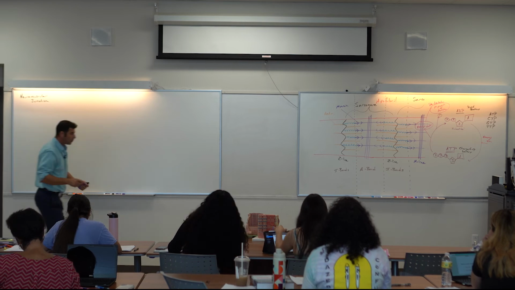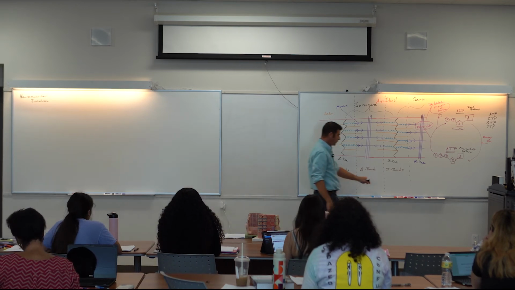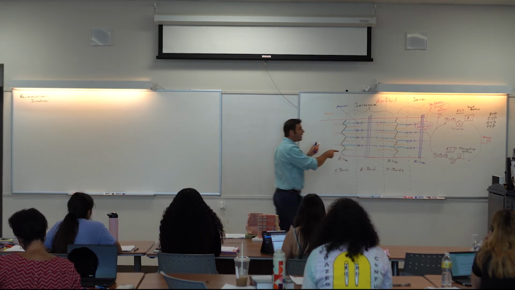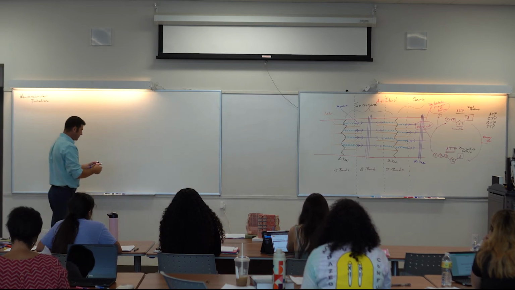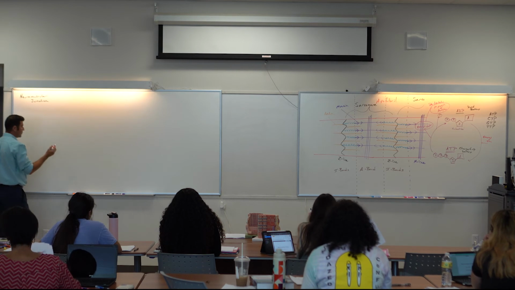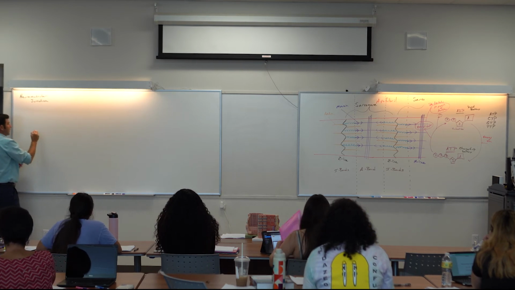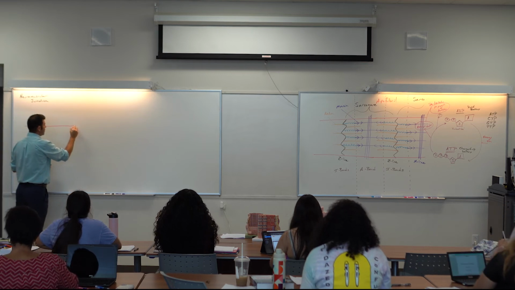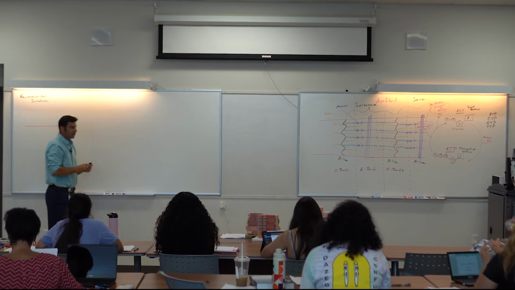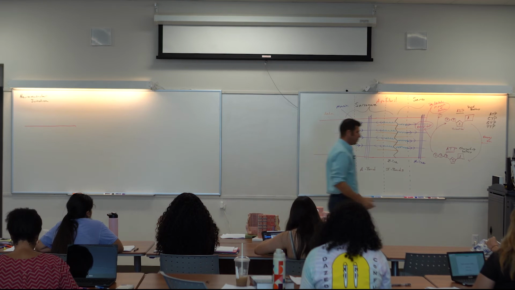In fact, I'll start with my muscle fiber. I'm leaving this up because I want us to remember this is going to be inside the muscle cell. Let's just try it this way. I'm going to have to leave myself a little bit more space.